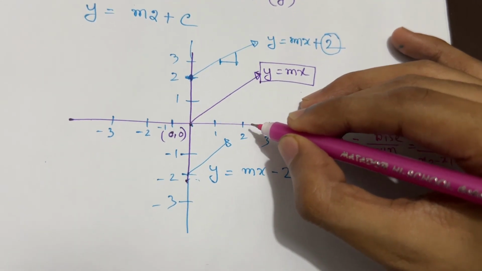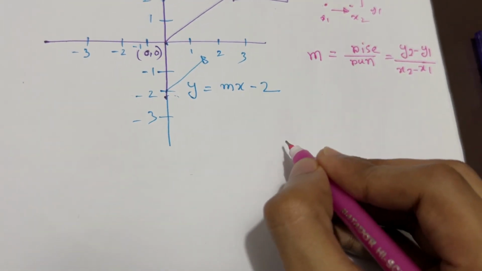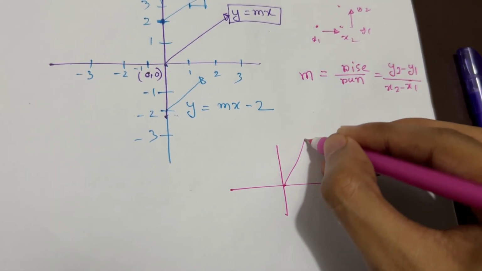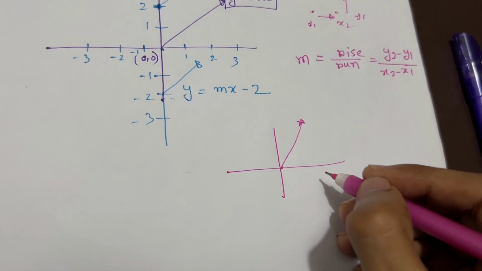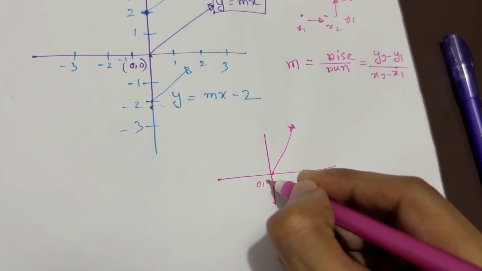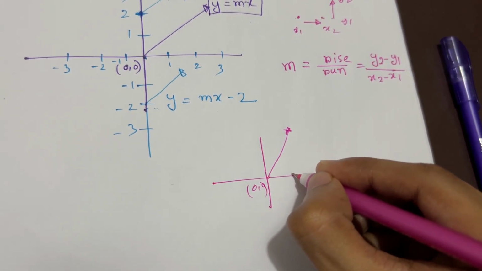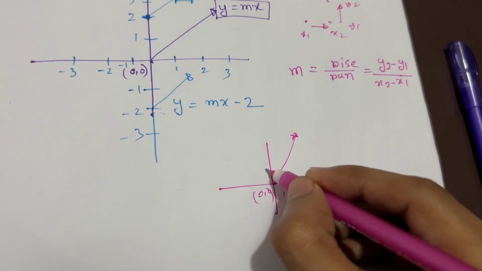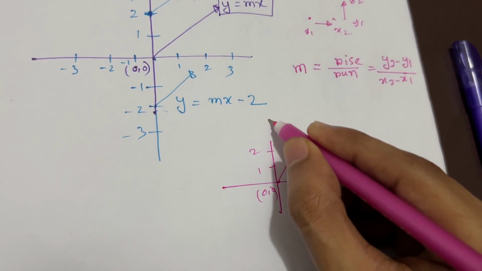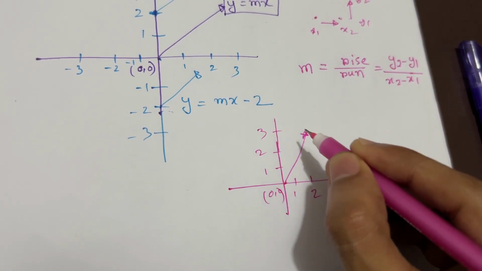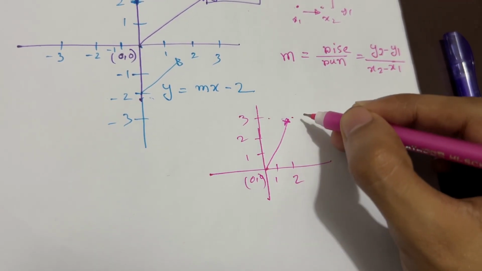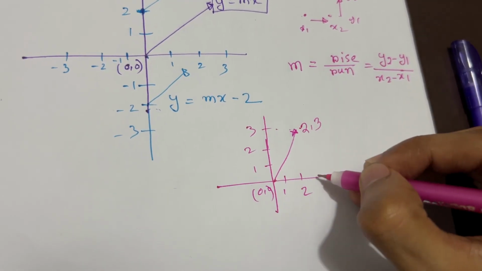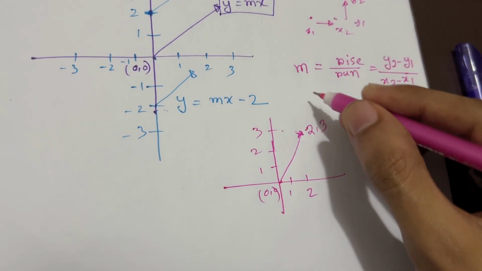Suppose I draw one more equation, suppose it's like this, and this is 0, 0, and this is 1, this is 2, and this is 1, this is 2, and this is 3. So it cuts at 2, 3, because 2 is on the horizontal axis and 3 is on the vertical.